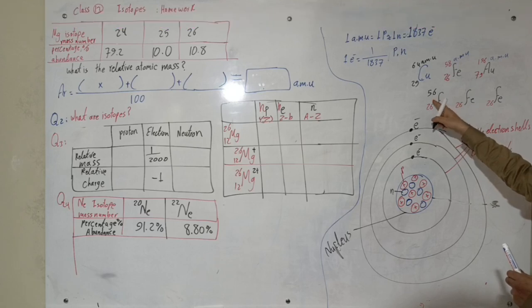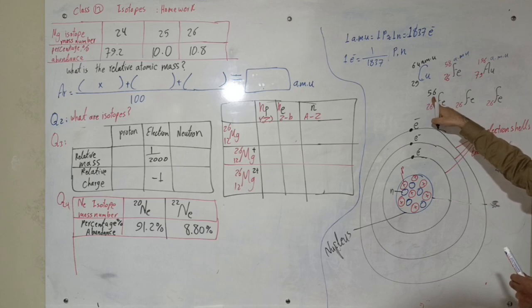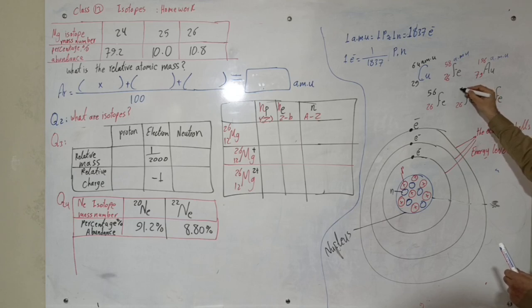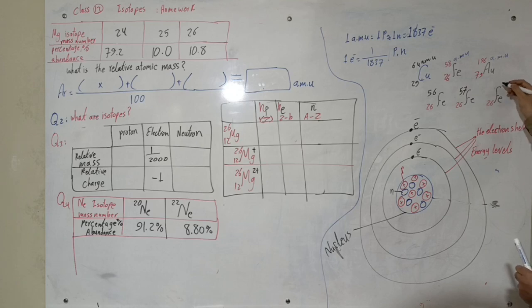For example, we have this isotope of iron, which has 56 protons and neutrons, meaning 26 protons and 30 neutrons. This one has 31 neutrons, so the mass number is going to be 57, and the third one has 32 neutrons, so the mass number is going to be 58.